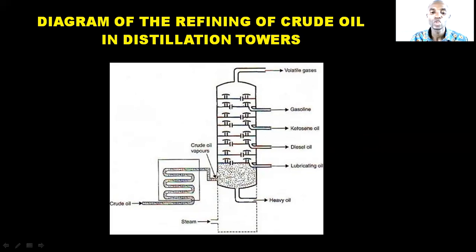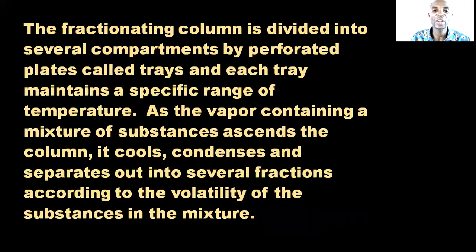It goes out here. So they have been separated based on their boiling point, which is very, very important. This fractionating column is divided into several compartments by perforated plates called trays, and each tray contains a specific range of temperature in terms of their boiling point.